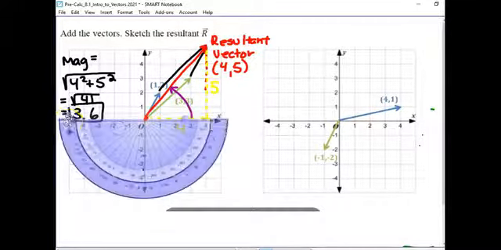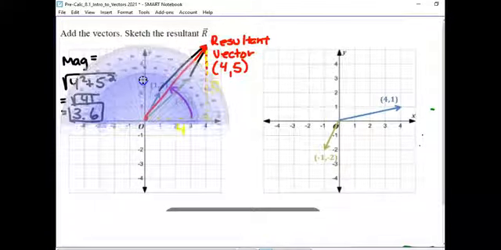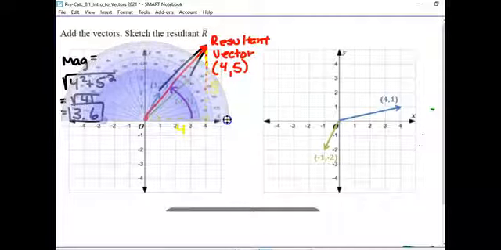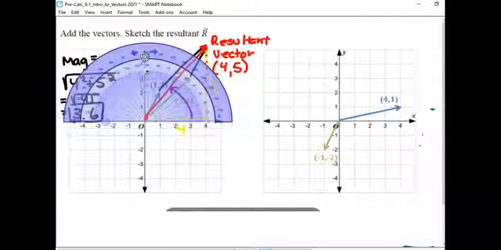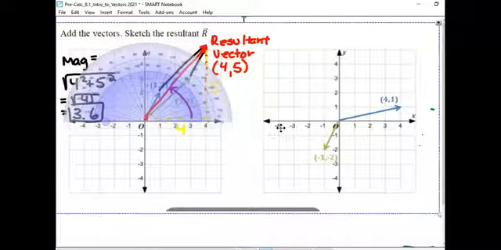Take this protractor, spin it around, and line it up. Okay. And it looks like it's approximately, if we go here, 10, 20, 30, 40, 50, maybe about 55 degrees, approximately. So it looks like that red ray falls between 50 and 60.